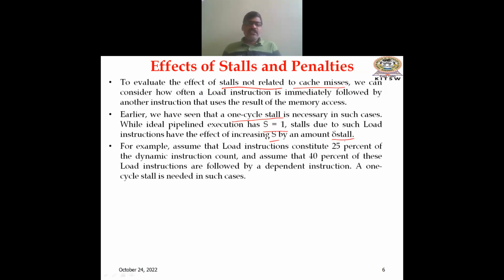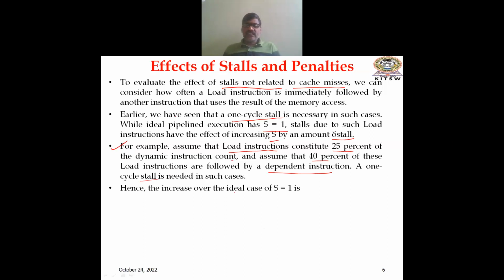So for example, assume that load instructions constitute 25% of the dynamic instruction count and assume that 40% of these load instructions are followed by a dependent instruction. So a one cycle stall is needed in such cases.